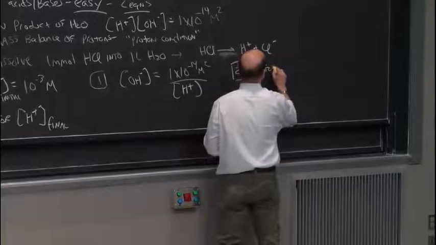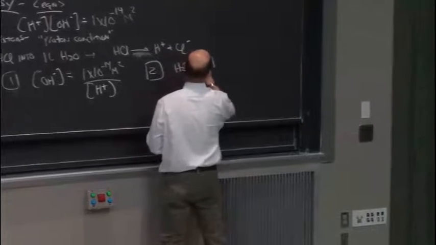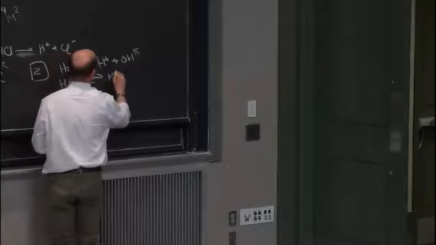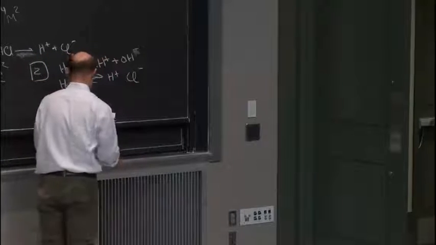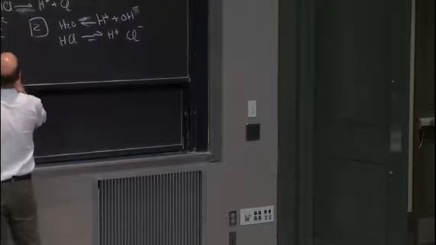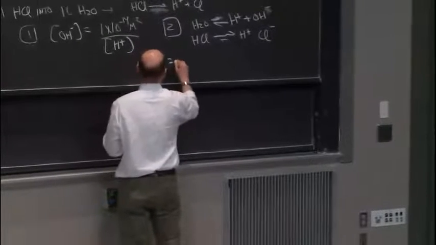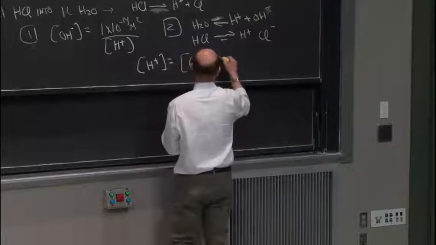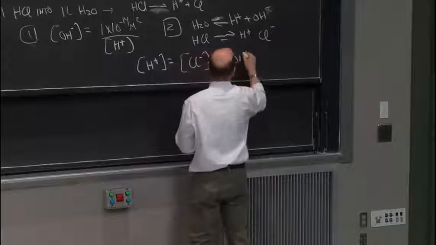We know that H2O must dissociate into a proton plus an OH minus, and we know that the hydrochloric acid that we dissolved must dissociate into a proton plus Cl minus. Okay, and so therefore we can write that the concentration of protons must equal the concentration of chloride anions plus the concentration of hydroxide anions.